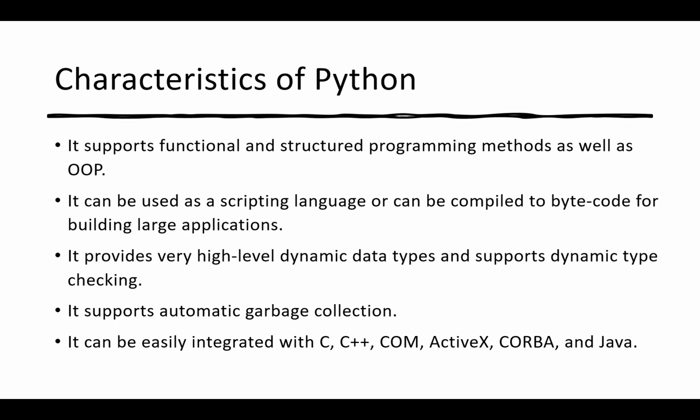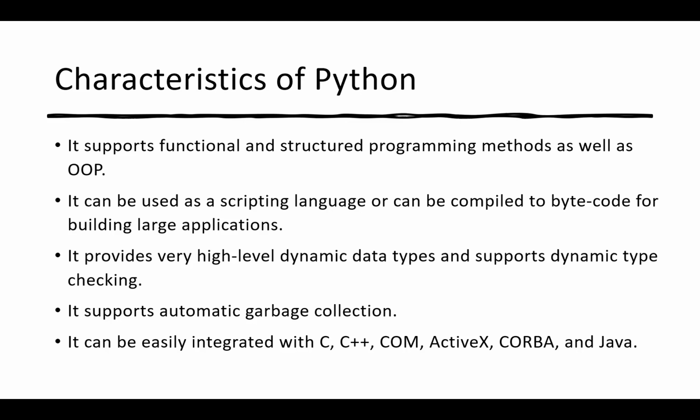Now, Python supports both functional and structured programming methods as well as object-oriented programming methods. Like it supports polymorphism, it supports inheritance, likewise. Then it could be used as a scripting language or can be compiled to bytecode for building large applications.